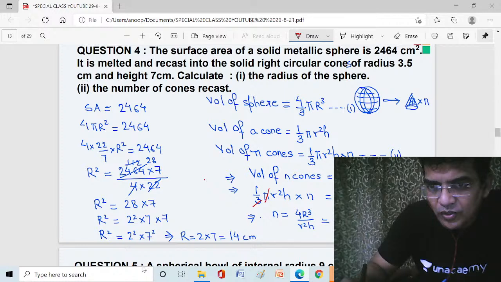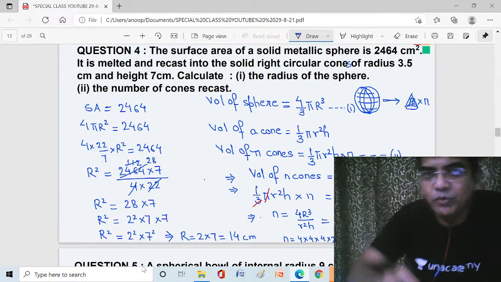So let's see what will be my final result. n is equal to 4 into 4 into 4 into 2. So 4 into 4, 16, 16 fours are 64, 64 into 2, 128. So the number of cones made will be 128.